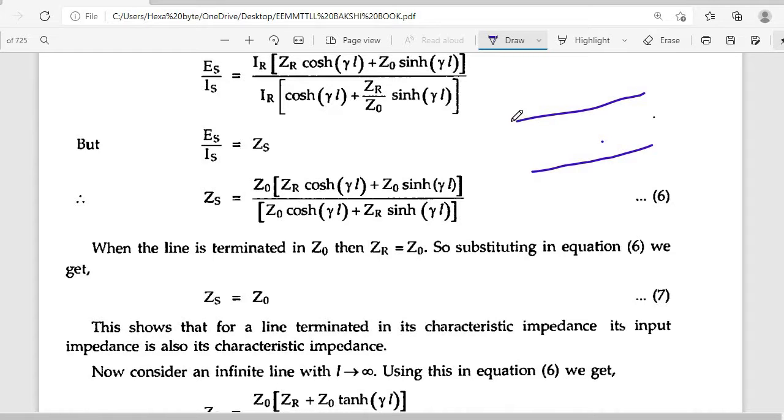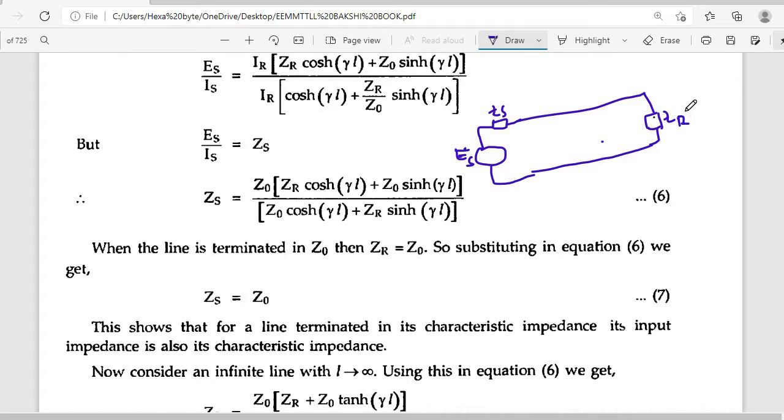This is the source impedance ZS, with source ES, and the transmission line section. This is the terminated impedance.